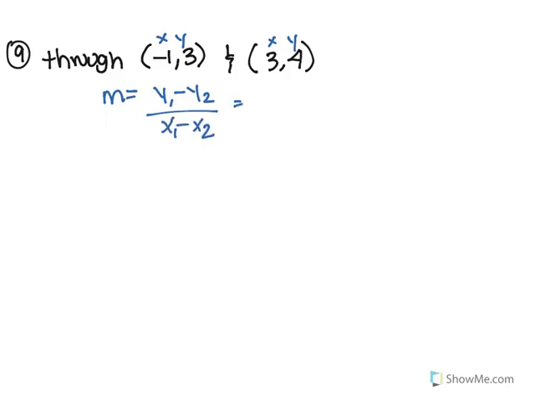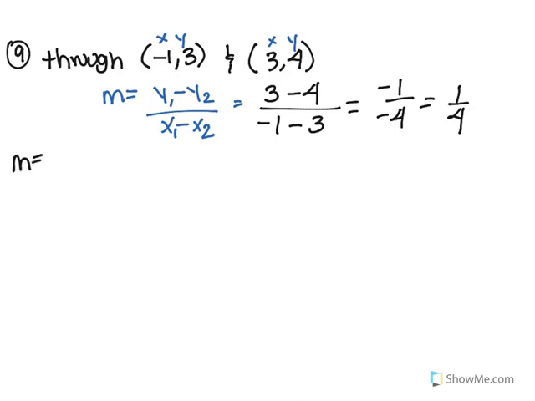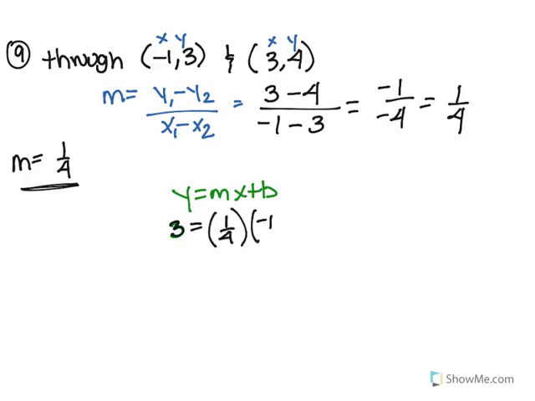That would give us 3 minus 4 on top and negative 1 minus 3 on the bottom, which will give us negative 1 over negative 4, which reduces to 1/4. Okay, that's our m, that's our slope. So pick a point, it doesn't matter which point, first or second? First. So we have 3 equals 1/4 times negative 1.